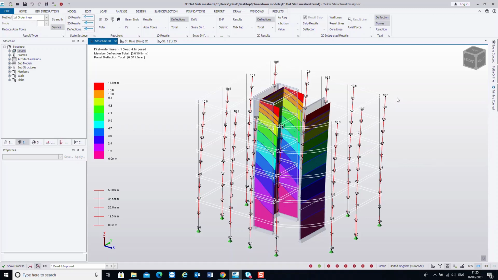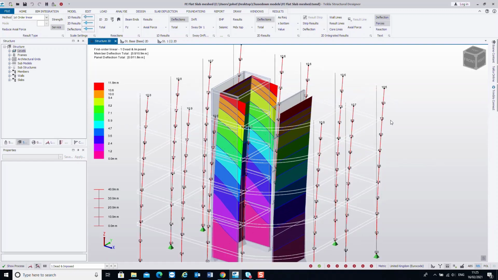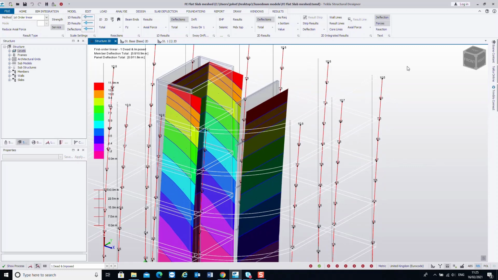A similar effect will be seen in other stability systems such as brace bays and moment frames. And as the slab is no longer acting in bending and we're not seeing the framing action, we can see the deflection profile of the column is now consistent rather than having the rotations at each of the levels.